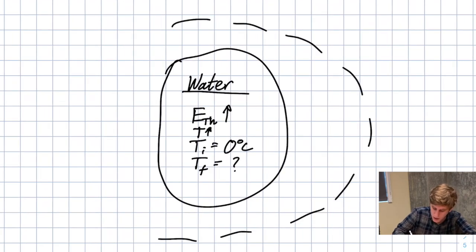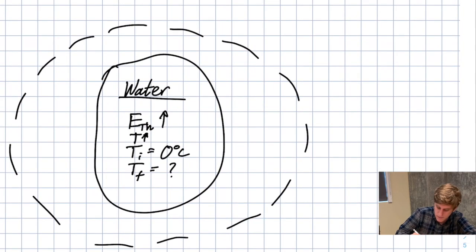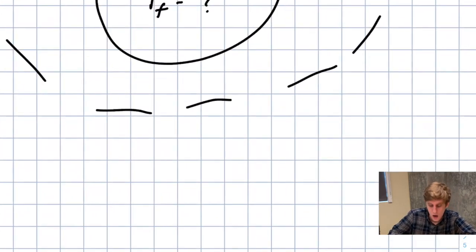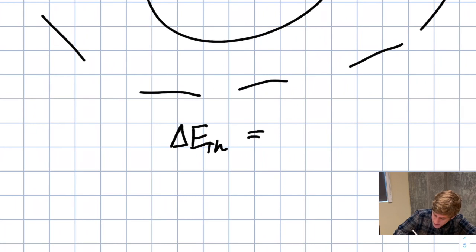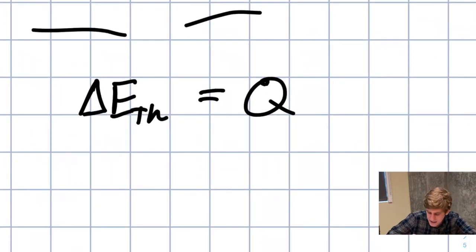Just as before, this is an open system with heat entering. Our statement of energy conservation is then delta E thermal equals Q. We already know Q. Q is the leftover energy that we haven't used yet, roughly 60 kilojoules.